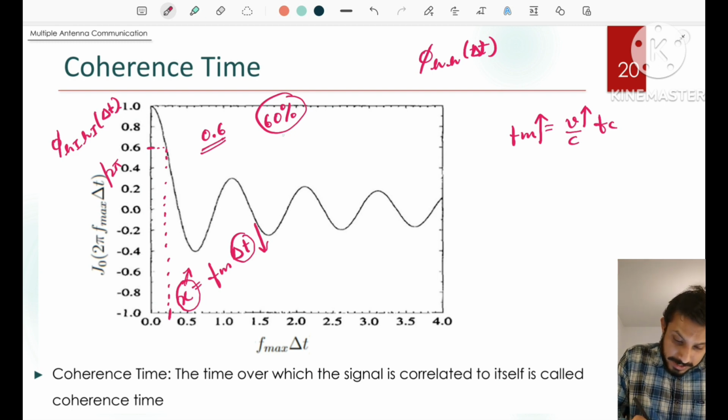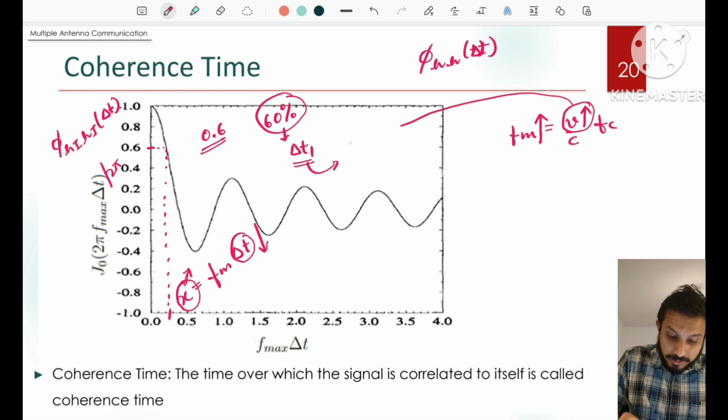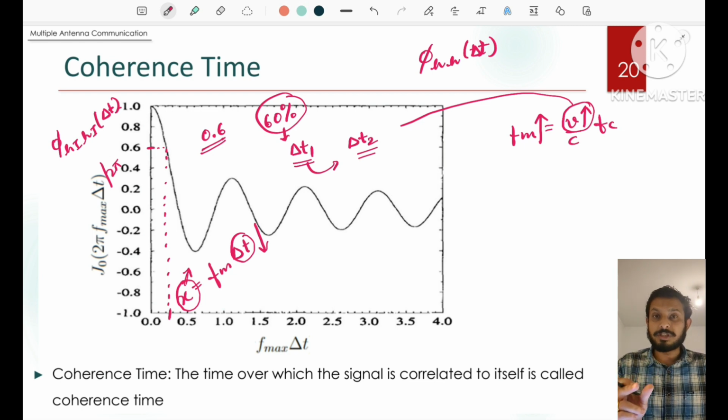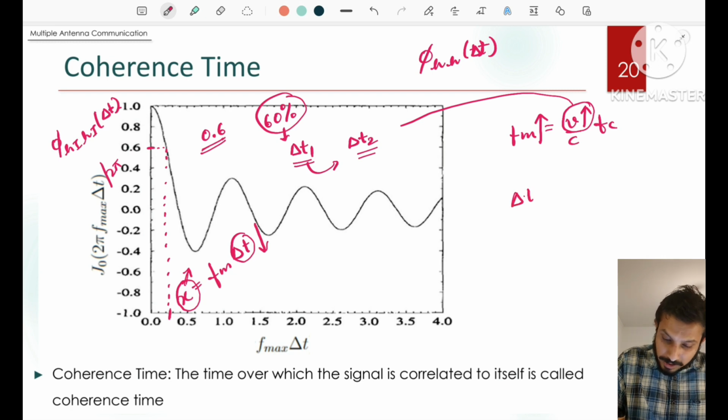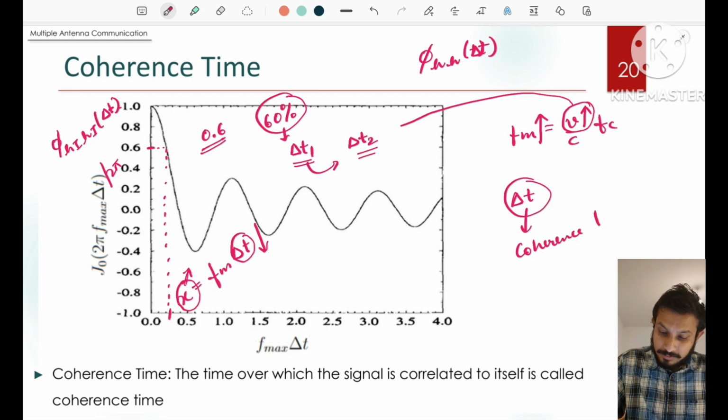So now we can say when the velocity is increased, if 60% correlation was obtained at delta t1, but now we are increasing the velocity, this delta t1 has now decreased to delta t2. So with the increase in velocity, the time over which the channel is correlated is decreased. And this time, delta t, is called the coherence time. That is the time over which the signal is correlated to itself.